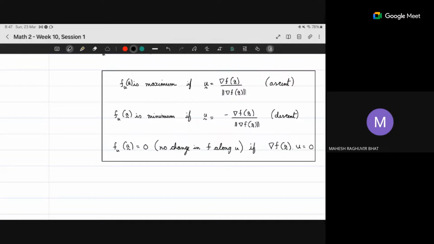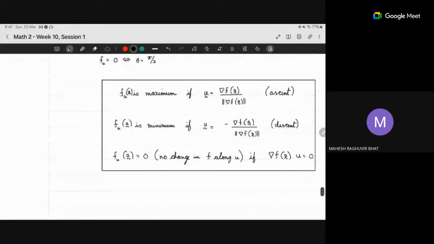as long as it's not 0. The gradient itself, if it is 0, so suppose you have something like this, and if you look at the gradient at the apex, you will see that it is 0. So there's no direction in which it increases, and no direction in which it decreases by this formula, but actually you'll see that in every direction it decreases. But there is no way to measure in which it increases or decreases by this method. That's an equilibrium.